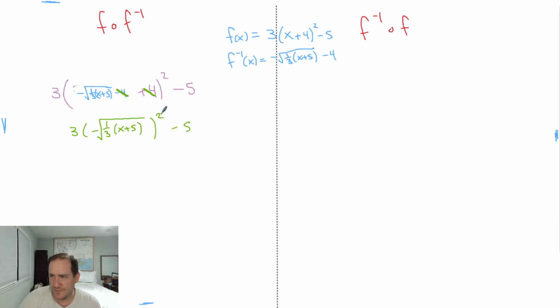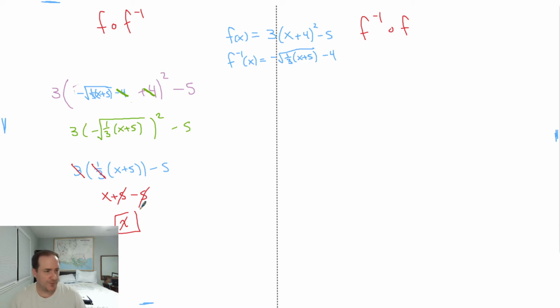So here we're squaring a radical. It happens to be a negative radical, but when you square it, it'll be negative radical times negative radical. The negatives are still going to cancel. So we'll get this 3. The negatives cancel, then the radical cancels. So you get 1/3 x plus 5 minus 5. Then the 3 is going to cancel with the 1/3, leaving you with x plus 5 minus 5. And those cancel. So we land on plain old x, like we're supposed to.